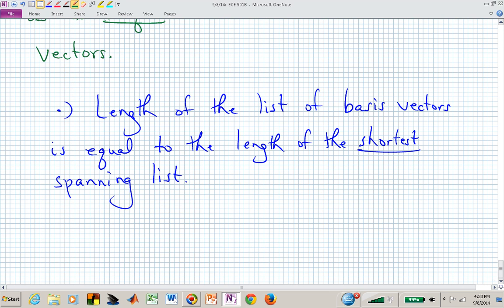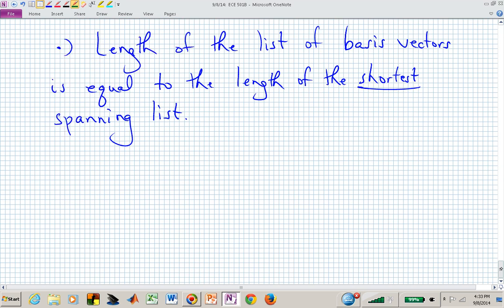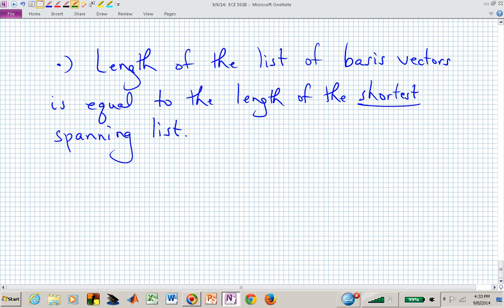And you can see that from what we talked about before when we had this inequality sign.